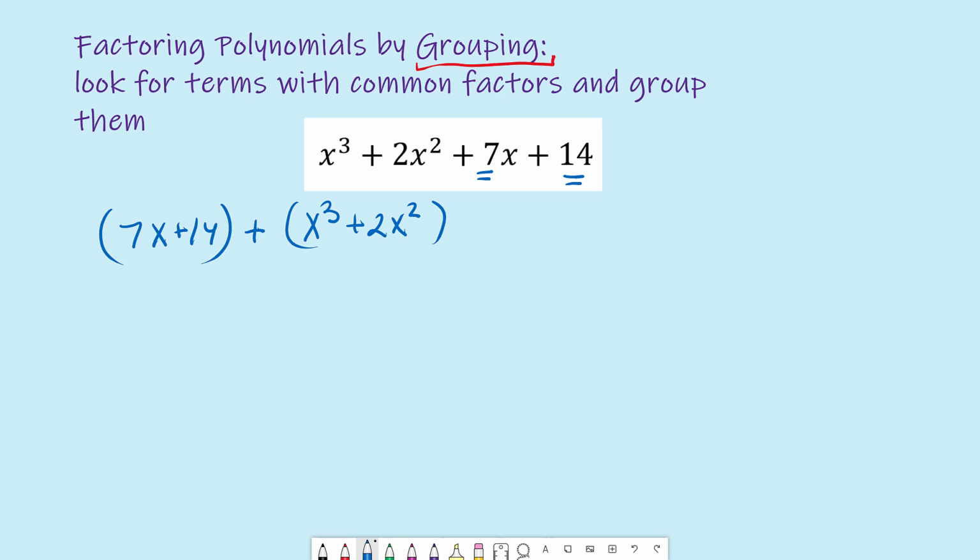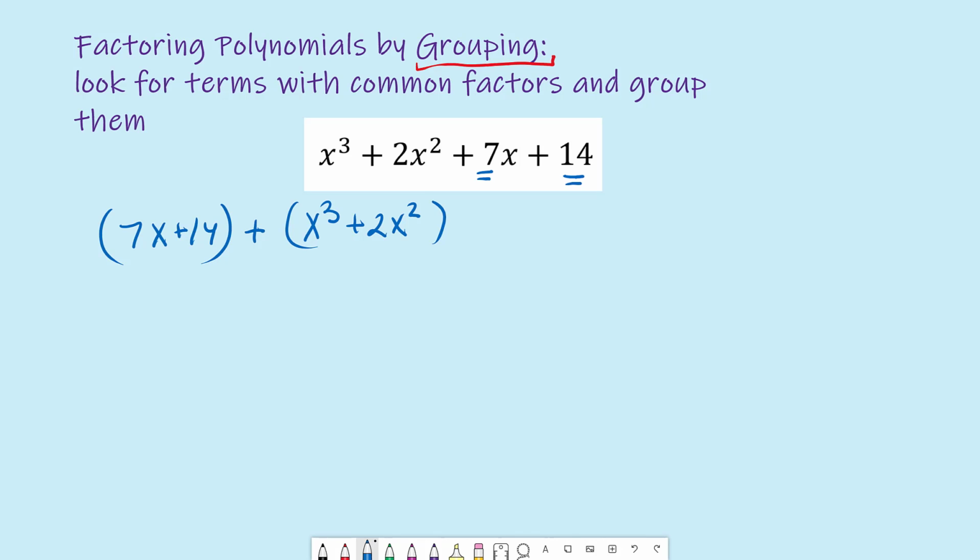Again, parentheses. So we basically just rearranged this polynomial in such a way that we have two groups. And in the first group, we put together the terms that have a factor of 7 in them.